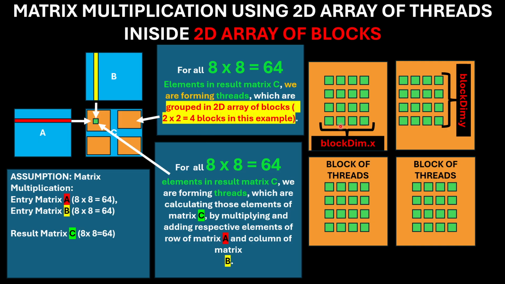The dimensionality of each block for this case is given here. Block dimension .x is the same for each block. So 4 times 4, as you can see. Each block has 4 times 4, it's 16 threads in each block.